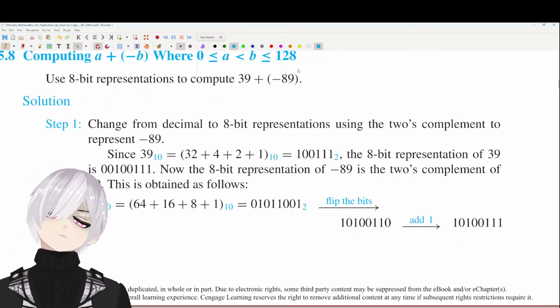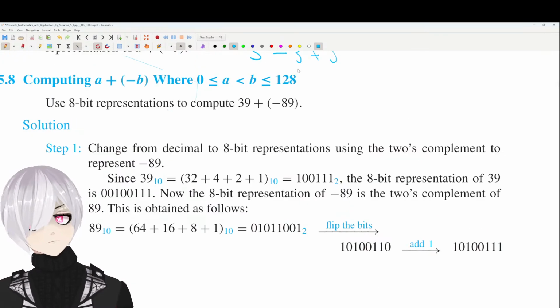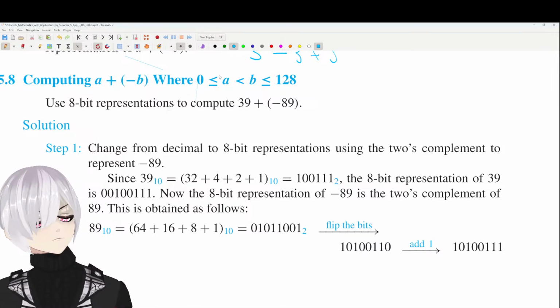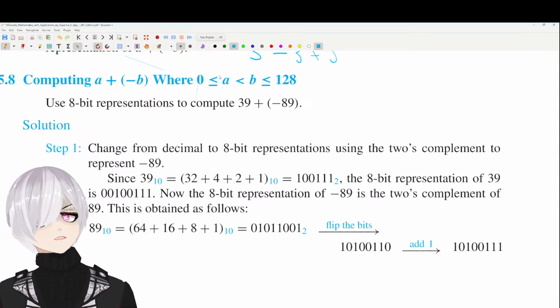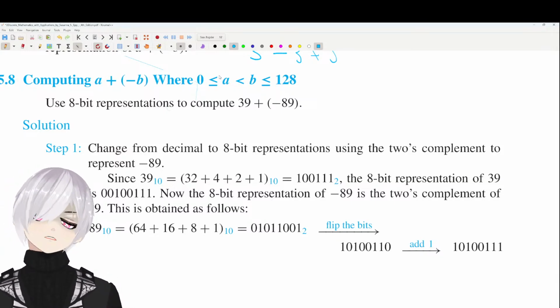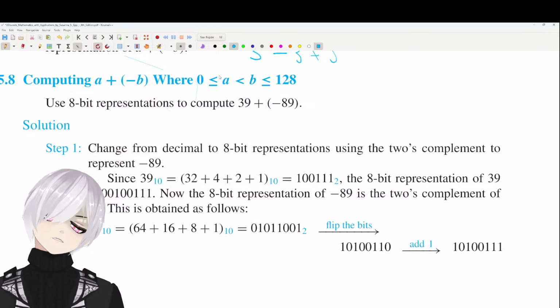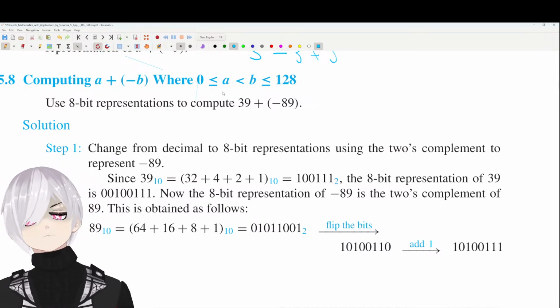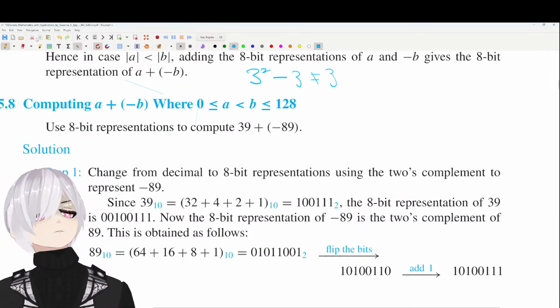So, computing a plus negative b, where 0 is less than or equal to a, which is less than or equal to b, which is less than or equal to 128. Don't we need the sum? Yeah. In the example we have 39 plus negative 89. So we'll be doing a sum.